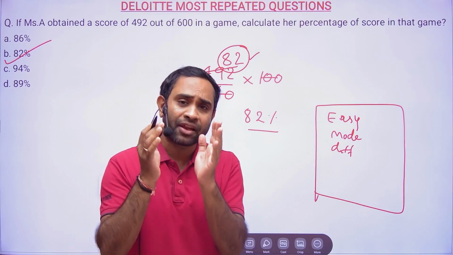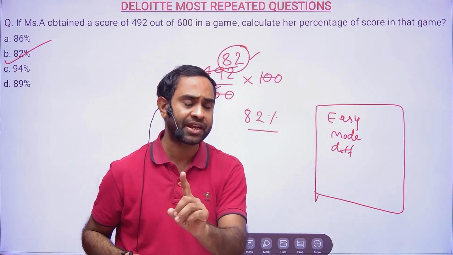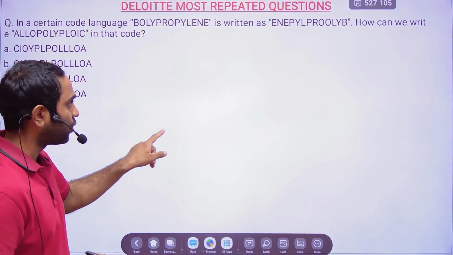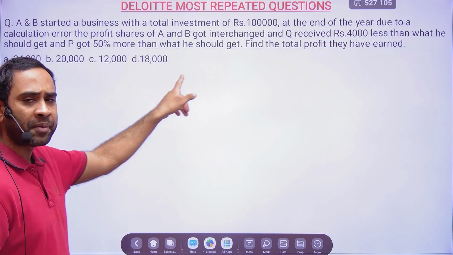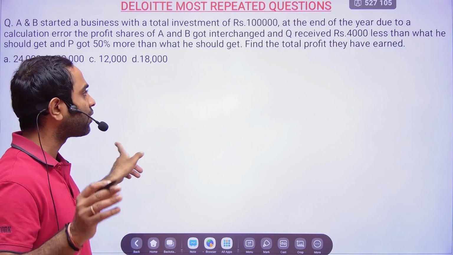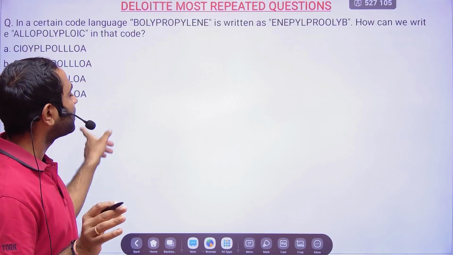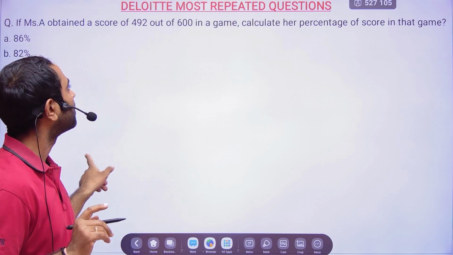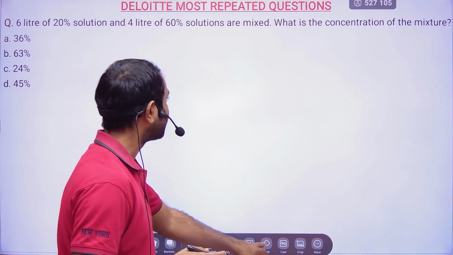That is what you have to learn, and that's what we teach you every time: you have to understand what kind of question it is. If somebody is trying to do the difficult kind of question, obviously you are going to waste your time. In 1 minute you can solve 2-3 easy problems, whereas you will be able to solve only one difficult problem. So you have to score as much as possible. That you need to understand here.